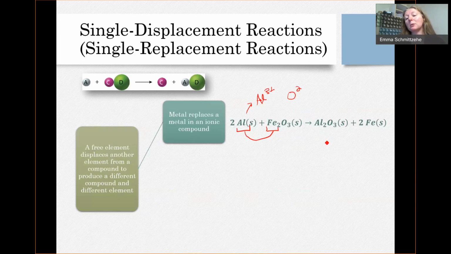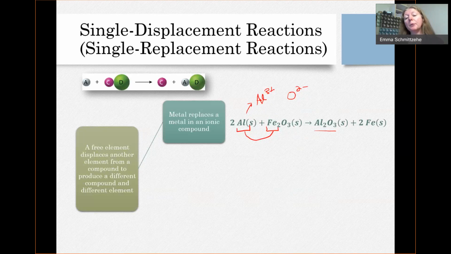The 2 subscript is not carrying over just because there's a 2 on the ion. Okay, and so that ratio won't always be the same. In this case, it happens to be because the iron is iron 3 ion and the aluminum forms a 3 plus. Okay, but to predict that compound that's formed, you not only need to swap the metal with the metal, but you need to put it in the correct ratio to balance the charges. Okay, so we'll look at some examples of those, but before we get to that, let's talk about the other possibilities.